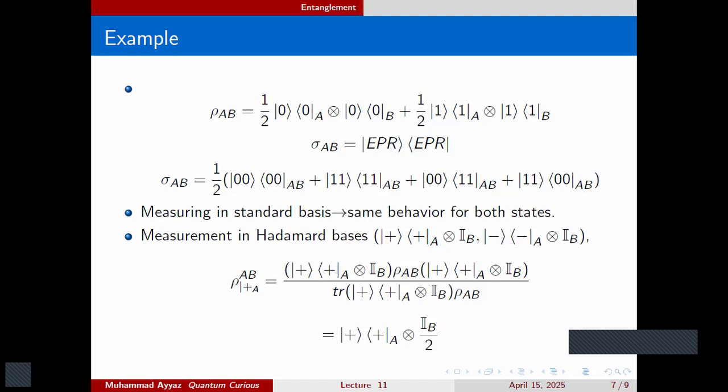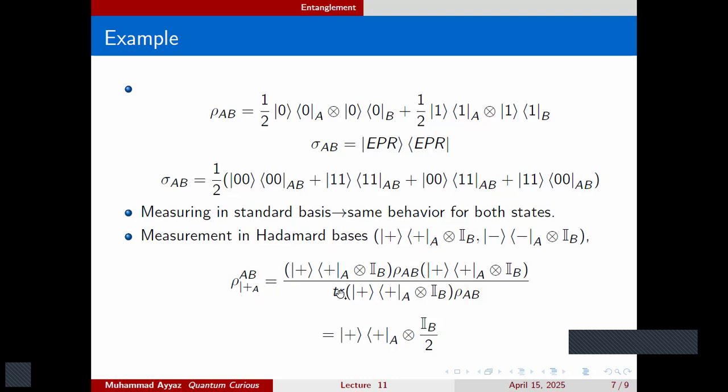So consider if we measure both qubits in the Hadamard basis, and we have these operators. Let's say we are going to measure the state ρ_AB in the Hadamard basis, and we are conditioning that system A will give the outcome plus.